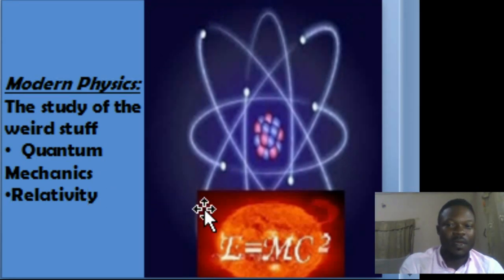Modern physics studies everything that has to do with weird stuff. It might be somehow tedious, but along the line you begin to enjoy this aspect of physics.